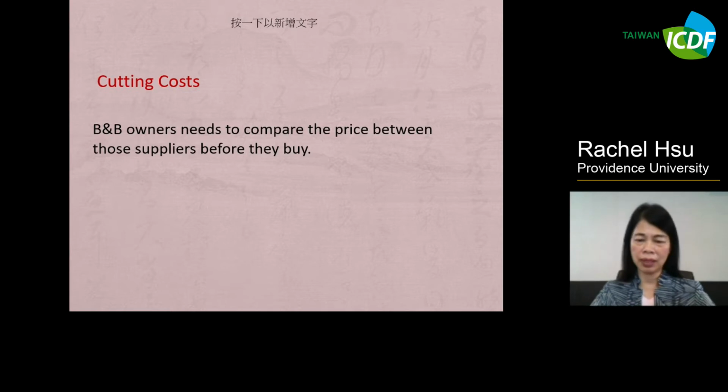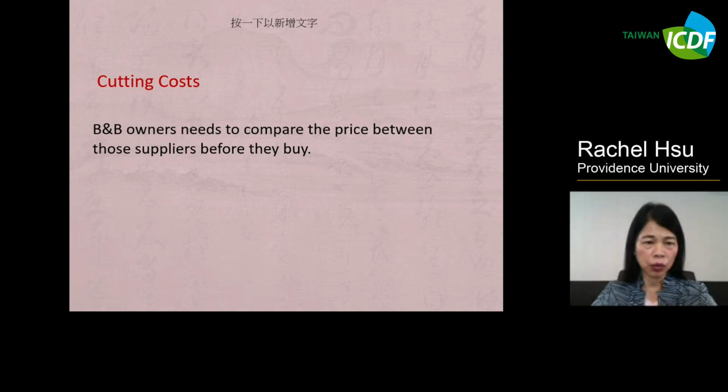So at the beginning of the management, you wouldn't hire many employees, and often you also have to provide catering. It is a very holistic business. You want to reduce the cost, but you shouldn't undermine the quality for cost saving purposes. So when you order material, you need to compare the prices.